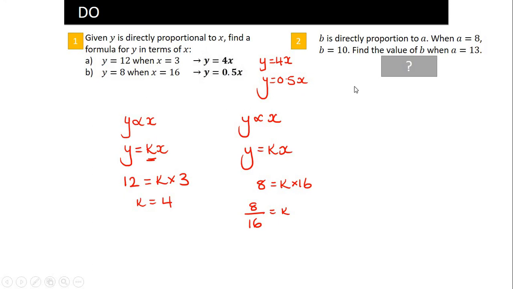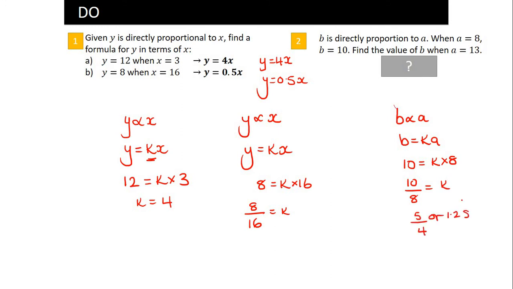There we go. Question 2, b is directly proportional to a. So this gives the formula b equals ka. When a equals 8, b equals 10. So b equals 10 when a equals 8. So 10 divided by 8 would give me k, or this is 5 over 4, isn't it?